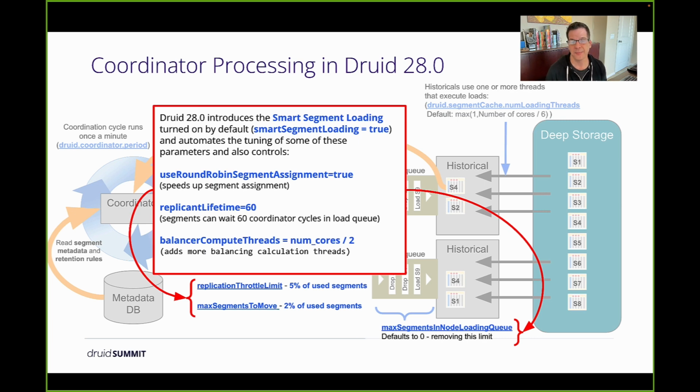Because the max segments to load is now set to unlimited, this will alert if after 60 cycles, so after an hour, a particular load instruction has not been completed. It generates alerts. And the balancer compute threads is also now being calculated automatically to give the coordinator more resources to calculate the balancing algorithm that it uses.